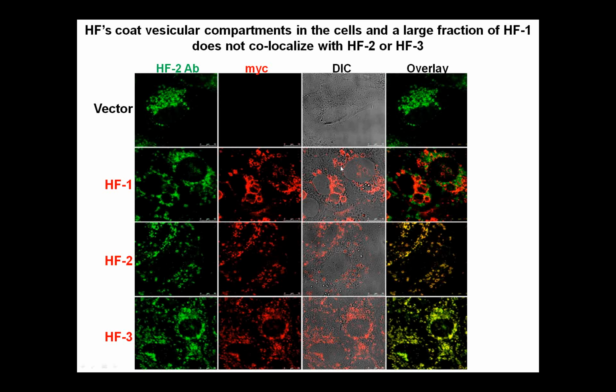And as you see here, the cell lines transfected with HF1 form huge vesicles, and they are not colocalized with HF2, whereas HF2 and 3 are colocalized.